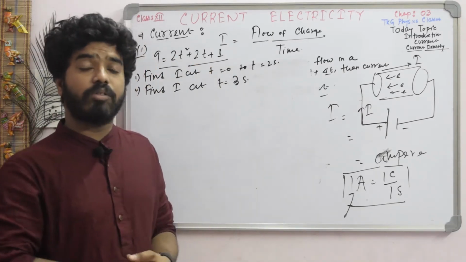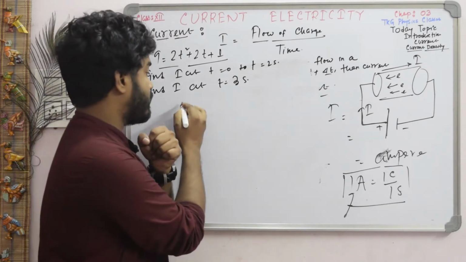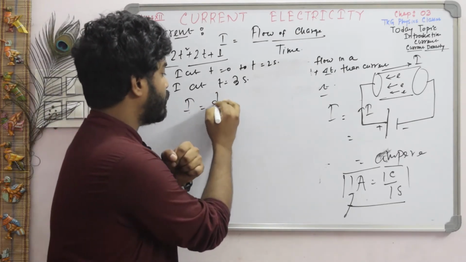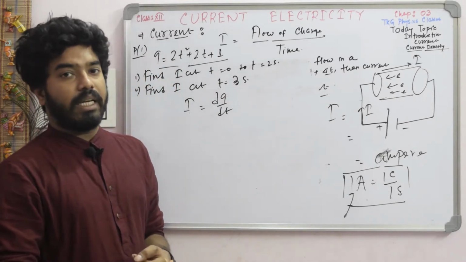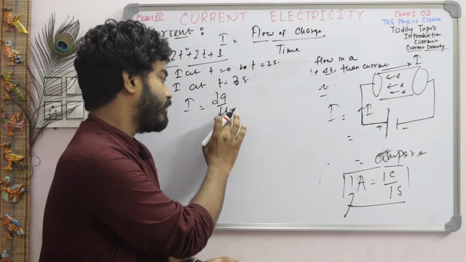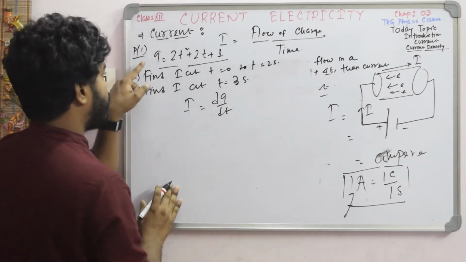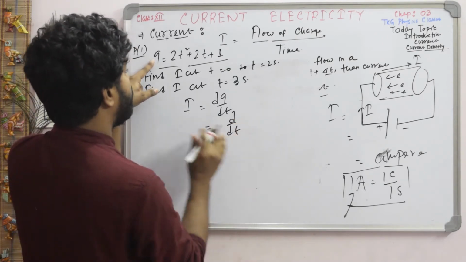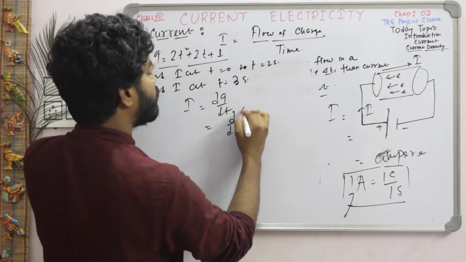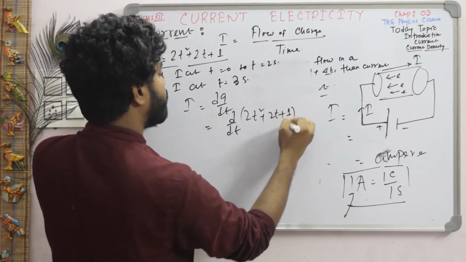What is the way out for solving this type of problem? You know the formula, I just write, that is I is equal to dq by dt. That is, we have to differentiate q with respect to t, and you know the value of q. So, in the place of q you write 2t square plus 2t plus 1.